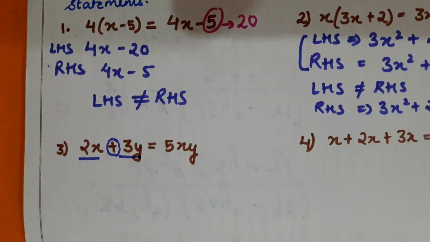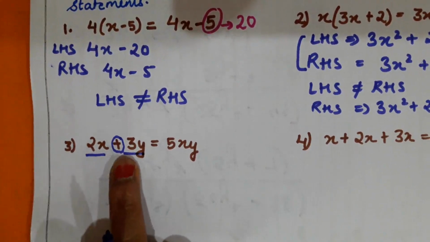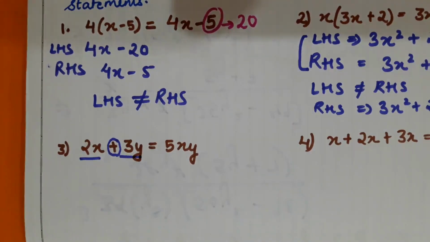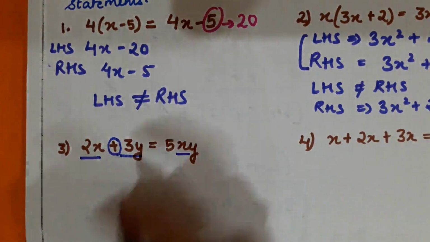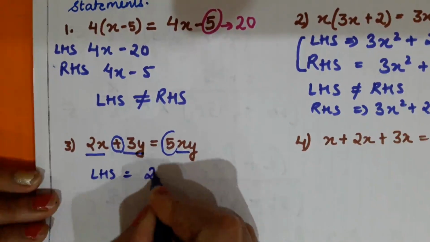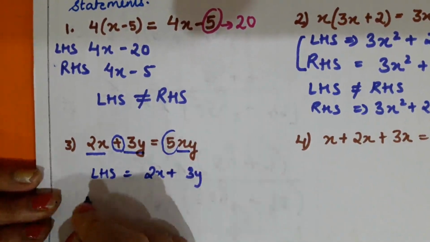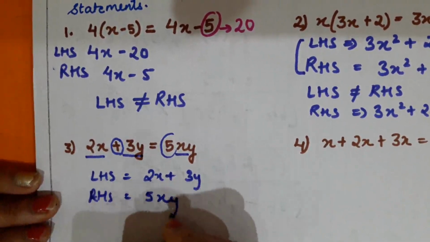Like terms means they should have the same variable. Here x is there, here y is there, so we are not able to add both of them. In the left side we are having 2x plus 3y, and in the right side we are having 5xy.